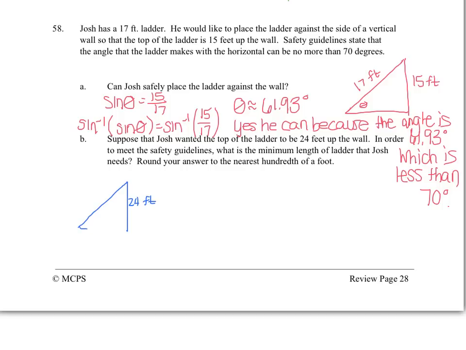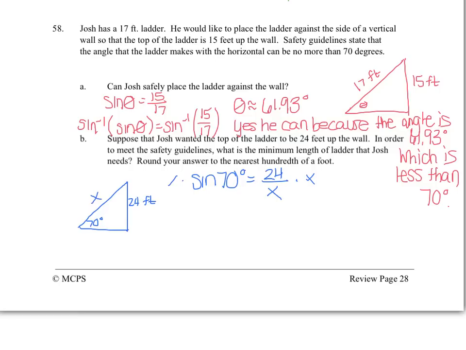The minimum length would be with our greatest angle, which has to be 70 degrees. So we want to know what's the minimum length of ladder. So that's going to be our unknown. Again, I've got this angle, I've got the opposite, and I'm trying to find the hypotenuse. So I'm going to use sine. So the sine of 70 degrees equals my opposite, which is 24, over my hypotenuse, which is x.